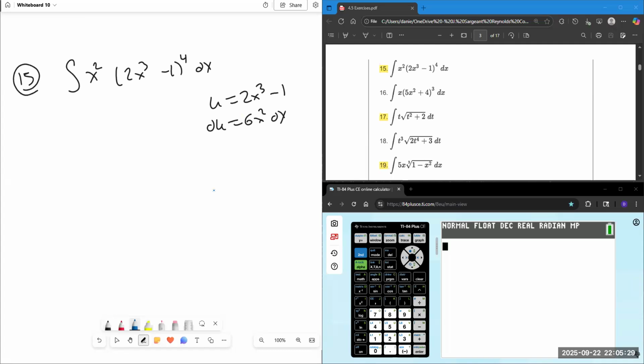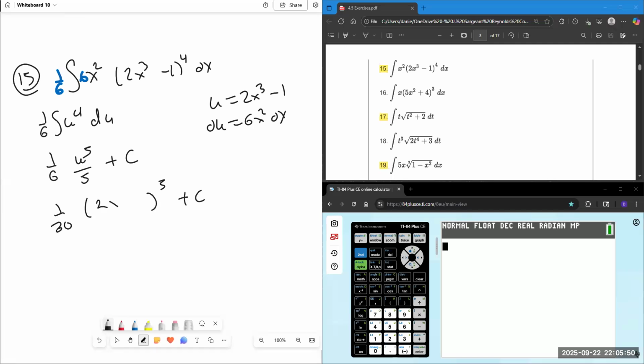So I'm going to fix this with a 6 and a 1/6. It's going to give me 1/6 integral of u to the fourth du, which is 1/6 u to the fifth over 5 plus c, is 1/30 u to the fifth plus c. u is 2x cubed minus 1.